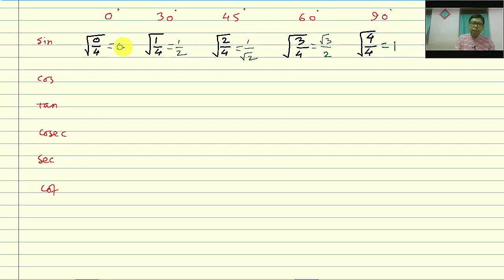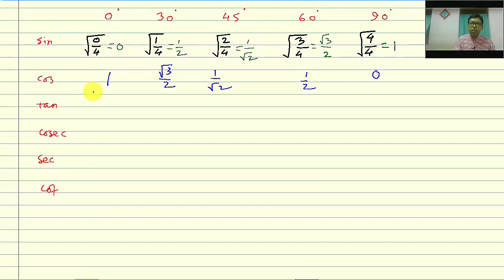Okay, now you have to write all the trigonometric ratios for cos also. So cos of 0 degree, how to get this one? Cos of 0 degree is nothing but your sine of 90 degree. So just reverse this process, that means 0, half, 1 by root 2, root 3 upon 2 and 1, you just reverse this one. 1, next is root 3 upon 2, next is 1 upon root 2, and half, and 0.